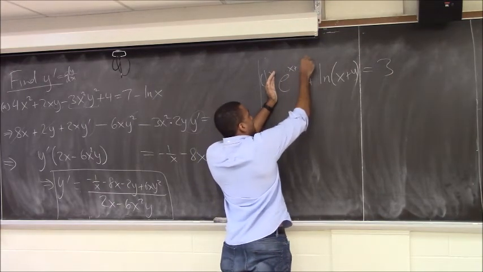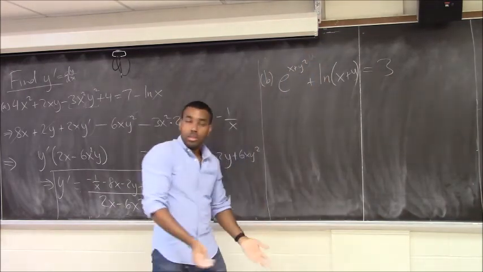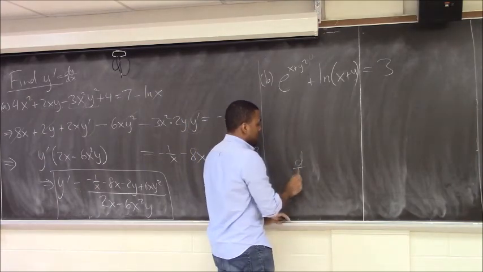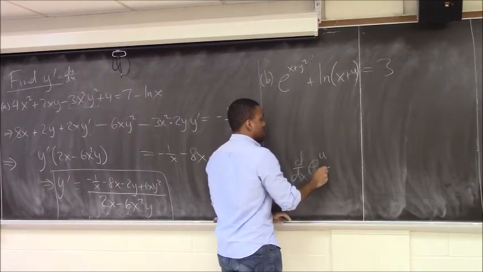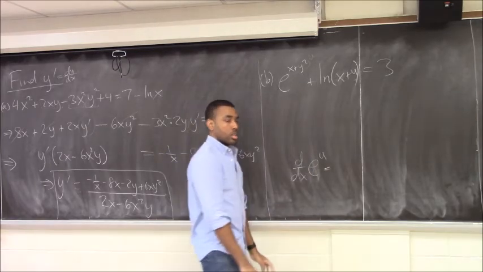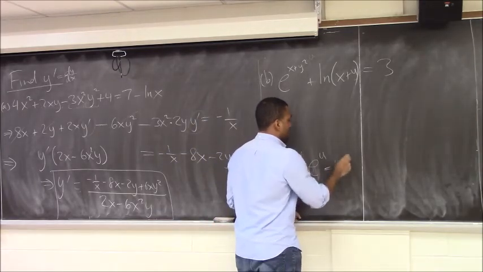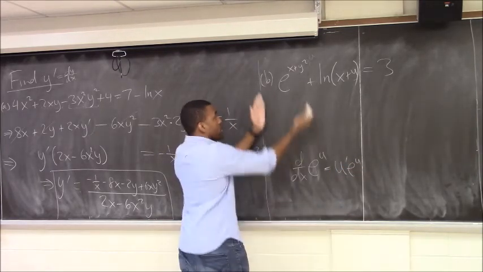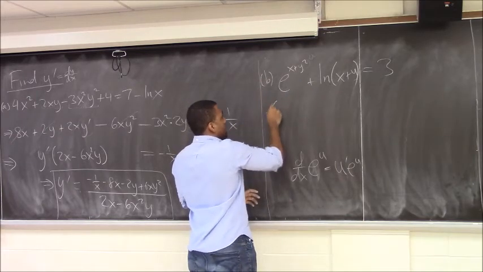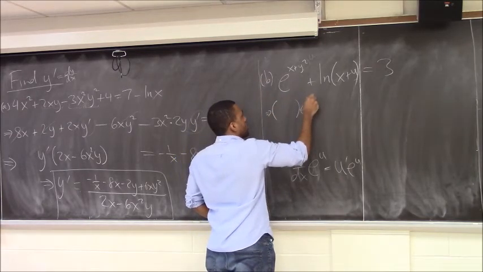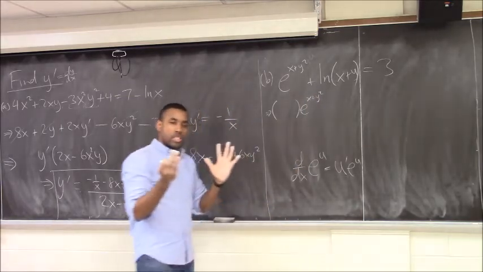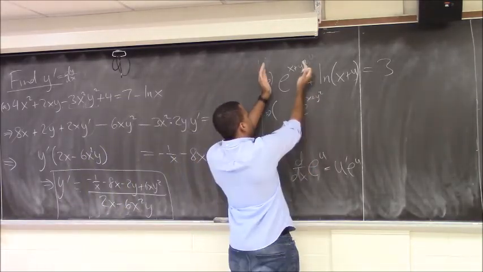I just think of that as something like a u, right? So if I want to differentiate that, I'm going to use the rule: derivative of e to the u, which we know is u prime e to the u, which means to differentiate this, I would take the derivative of the power times the original function. That's the rule. You have to see this rule fit on top of that in a template.